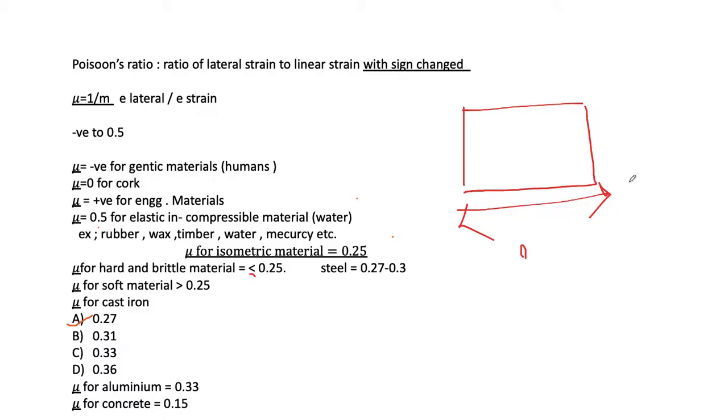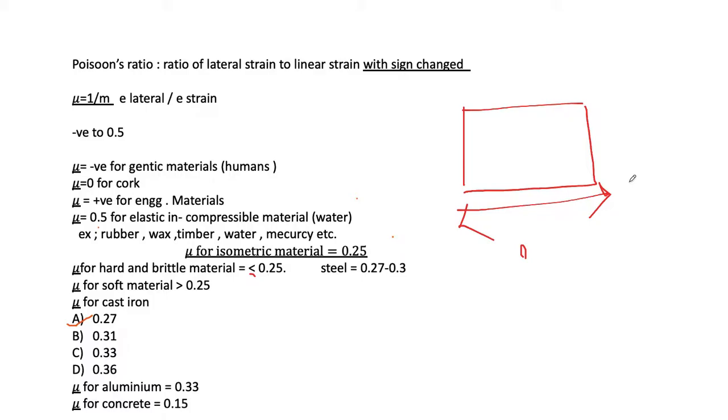We know Poisson's ratio is denoted as nu, 1 by m, nothing but lateral strain by linear strain. Poisson's ratio takes values from negative up to 0.5. Here are some values. Nu is negative for auxetic materials.